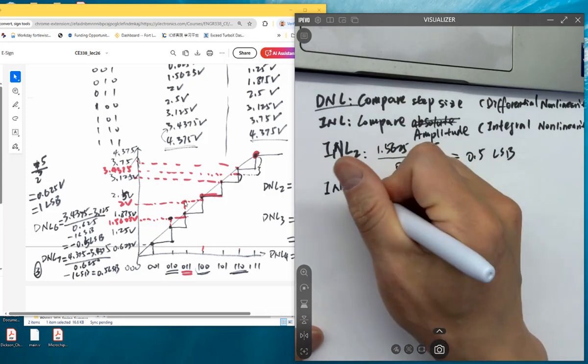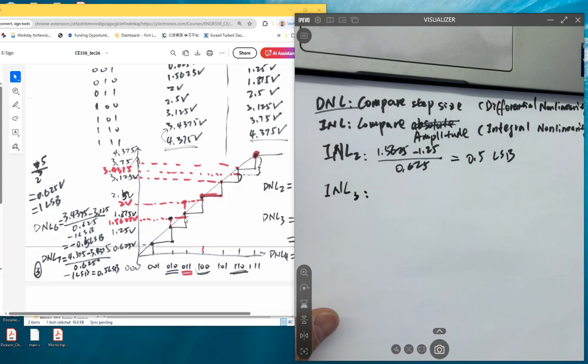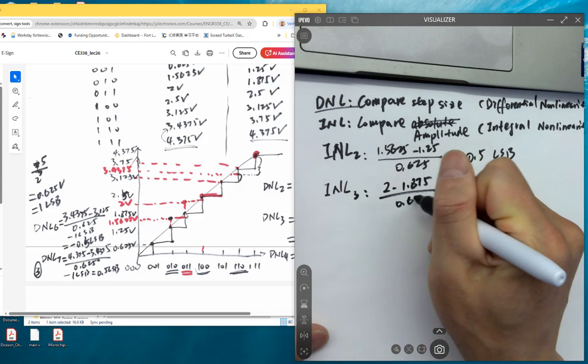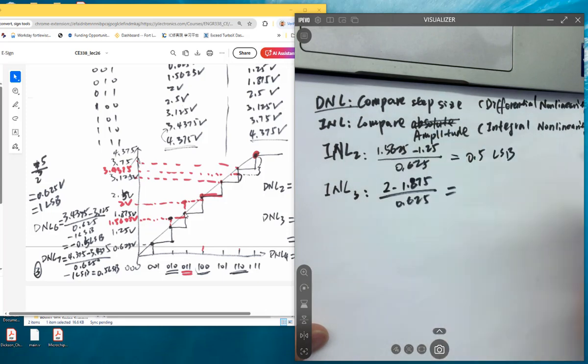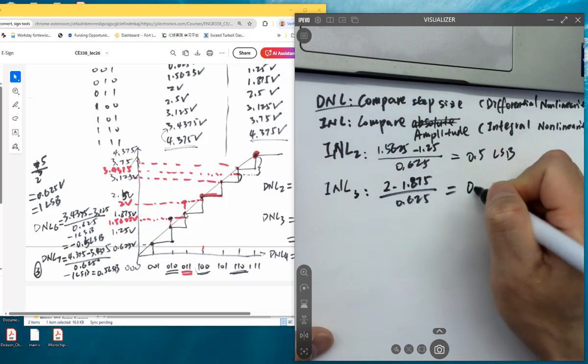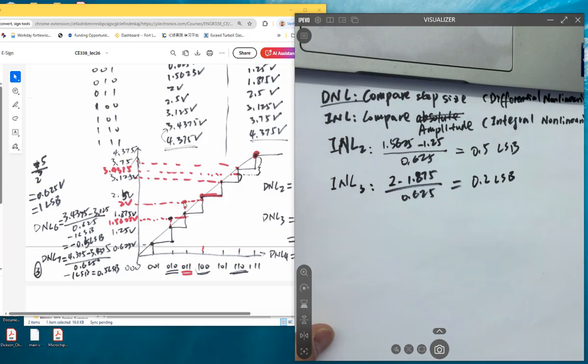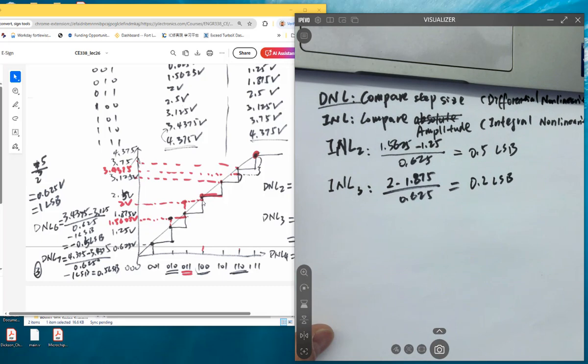So INL3 will be 2 volts minus the ideal value, which is 1.875, so 0.2 LSB. We might have another one here, but I think I missed it. Let's skip this one for now.